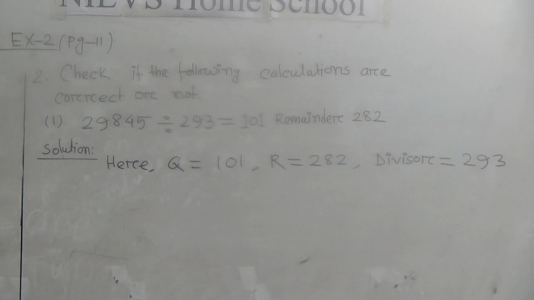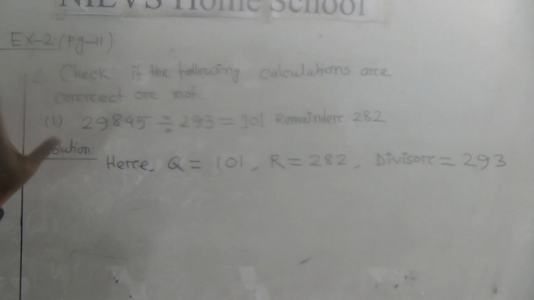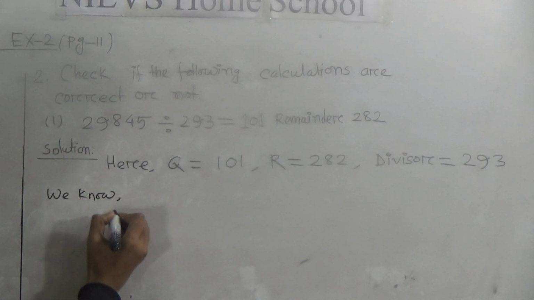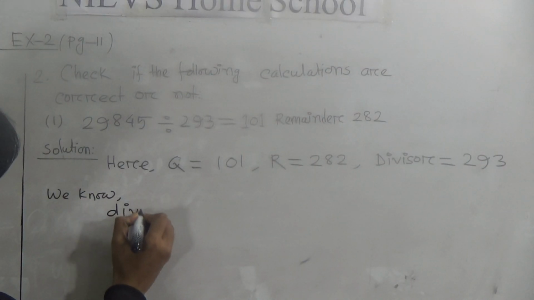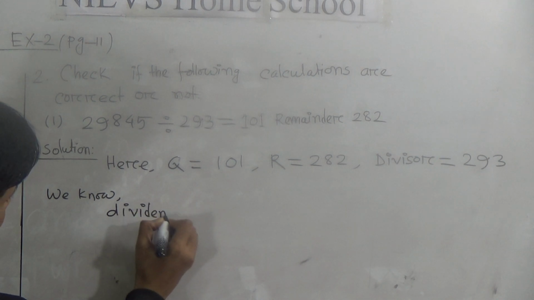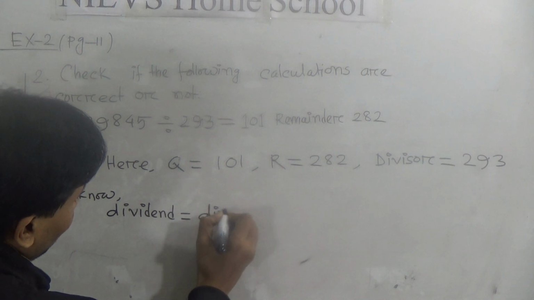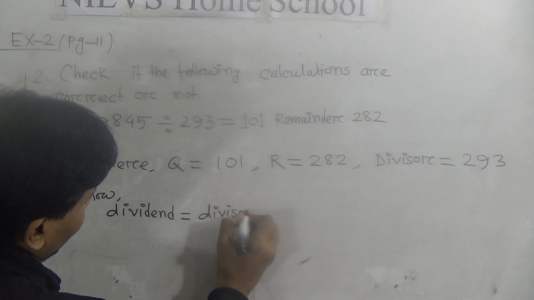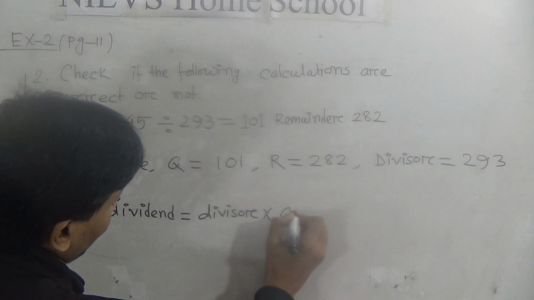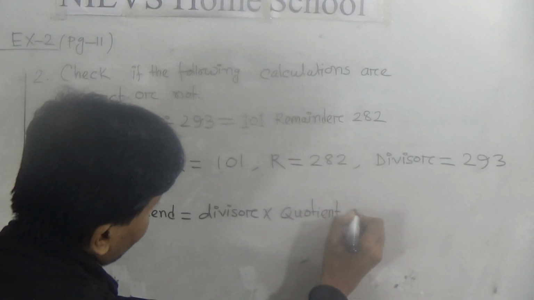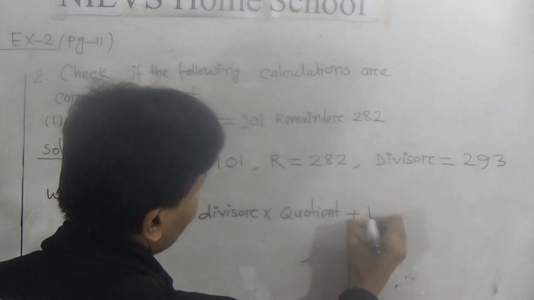Now we have to prove whether our result is correct or a mistake. We know dividend equal to what? Dividend equal to divisor into quotient plus remainder.